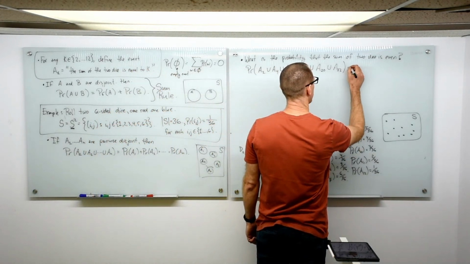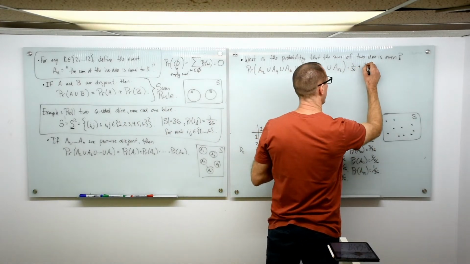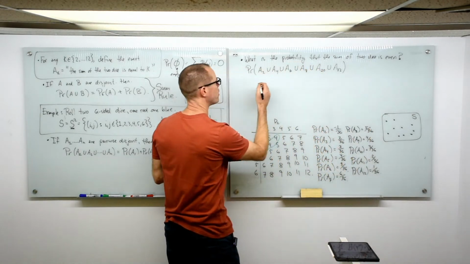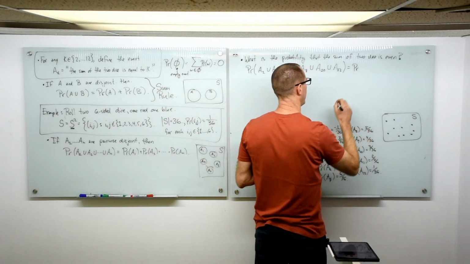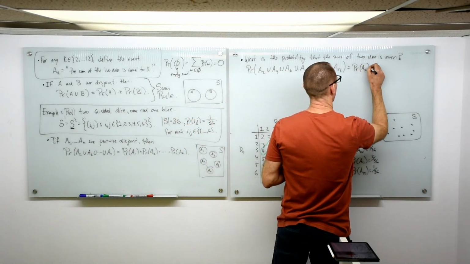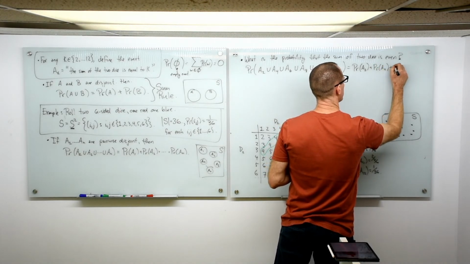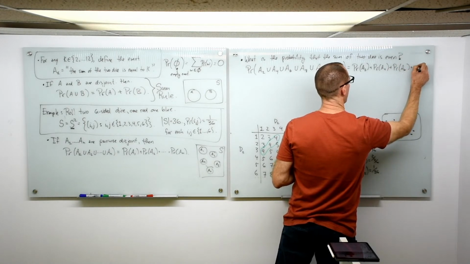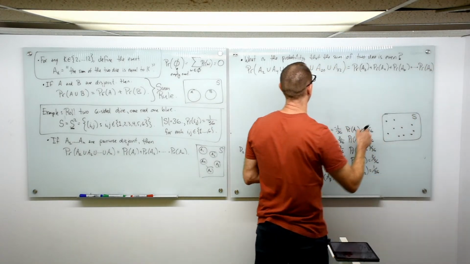So let's do that. Well, we're going to use the sum rule. Let me go slowly here. That means that it's equal to the probability of A2 plus the probability of A4 plus the probability of A6, and so on up to the probability of A12.